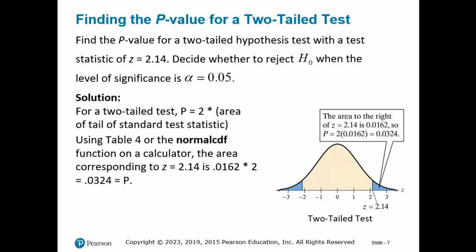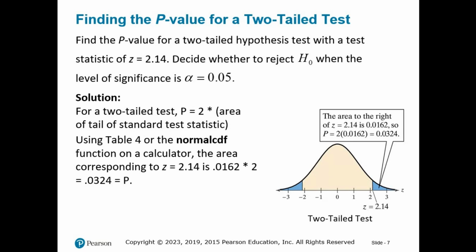Now, an important part about this is that we need to multiply that by 2, because that is just one side. So when we multiply that by 2, we get 0.0324. So that's our p-value, or our total area, 0.0324. And that's the number we compare to alpha, which was 0.05.